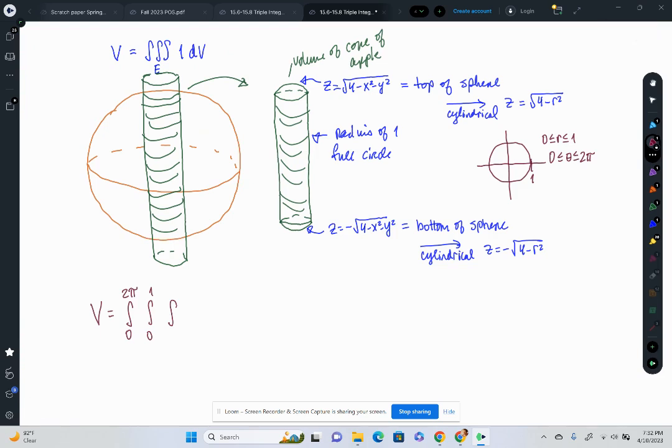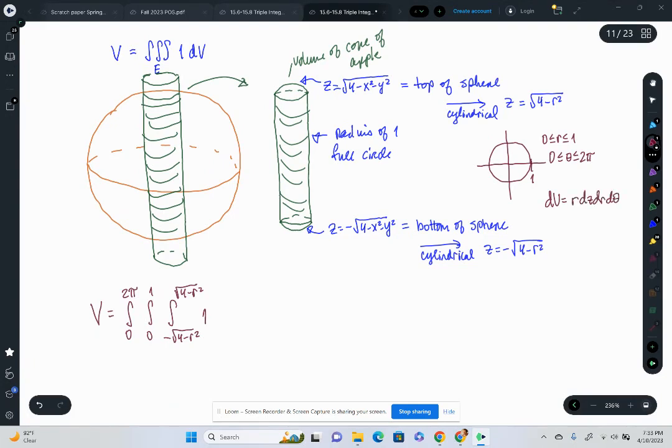Z has to be first because it's in functions of r, and it'll go from minus square root of 4 minus r squared to positive square root of 4 minus r squared. And then we have 1. And then we have to remember that dV is equal to r dz dr d theta. So we'll put that in there. r dz dr d theta.